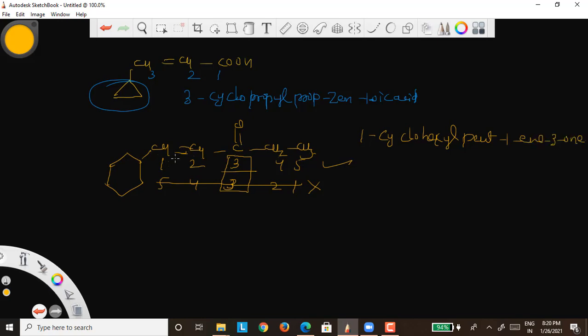Why? Because in the 3 case it is pentanone, but the ene is in 1, and for ketone the suffix will be one, on. So 1-cyclohexyl will be the substituent, then pent, the parent chain contains 5 carbon. Then 1-en and 3-one. So this is the name.